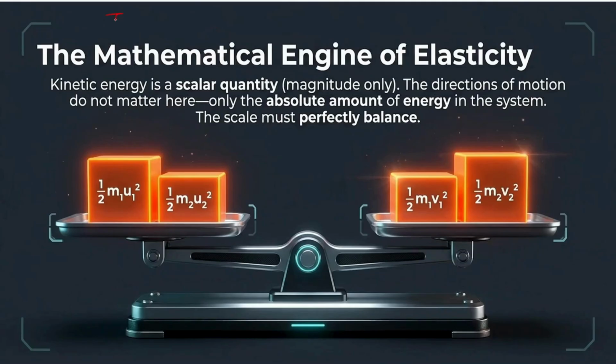So I can write like this: the total kinetic energy is equal to the total kinetic energy. This is for the final, or after the collision, and this is the before.